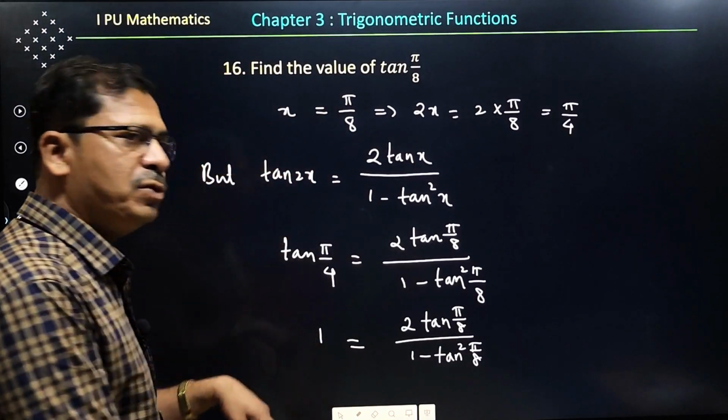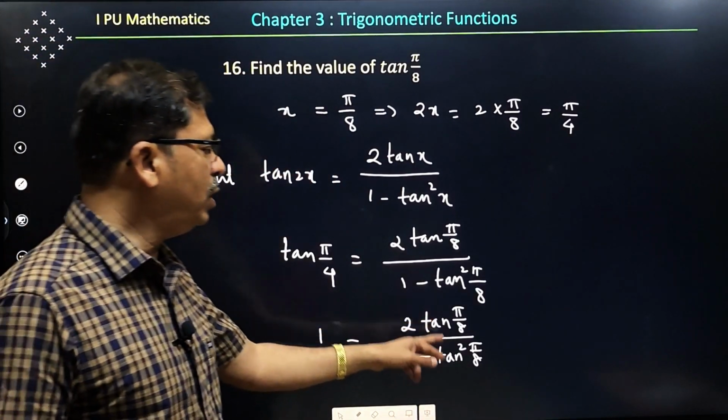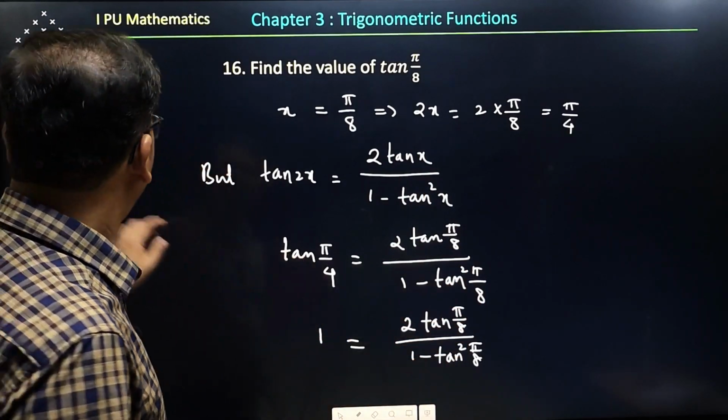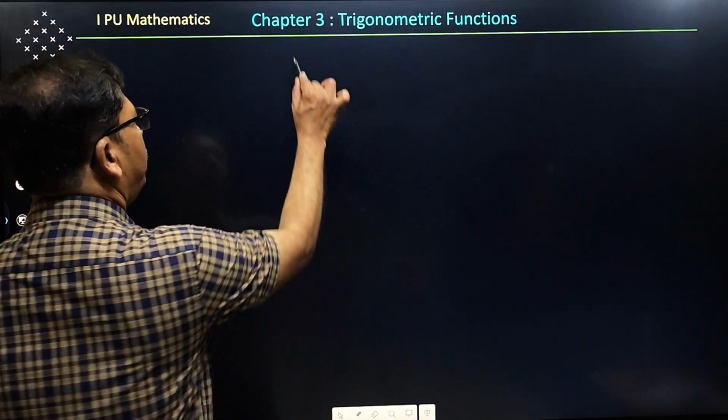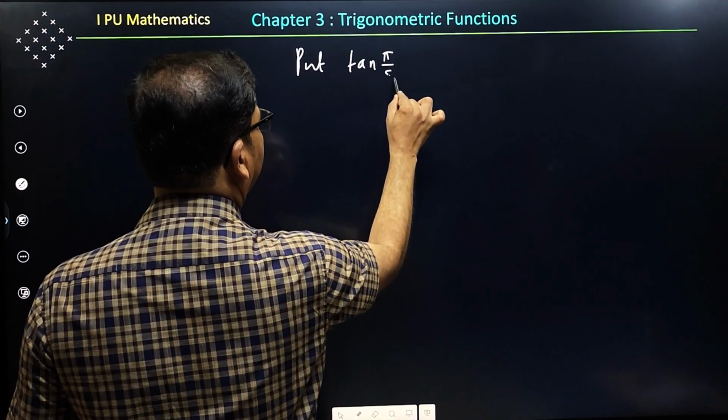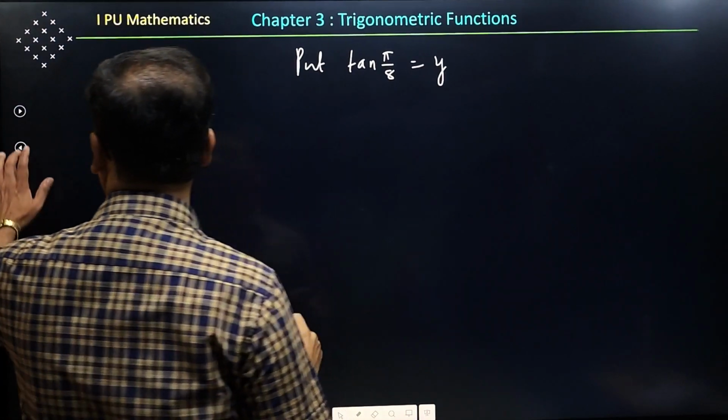Now it is the time to substitute tan pi by 8 equal to another variable apart from x. If you put tan pi by 8 equal to y, another variable y I will have to take.